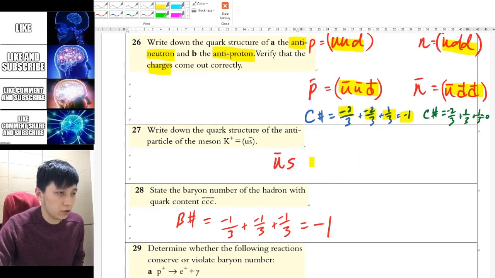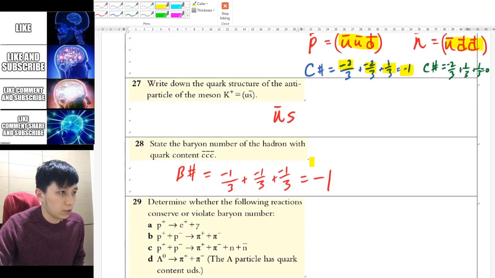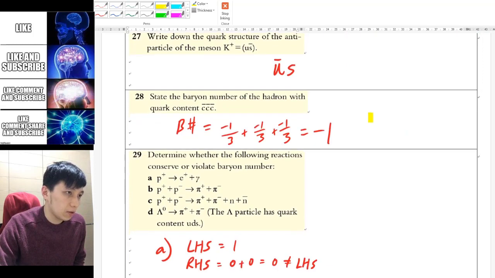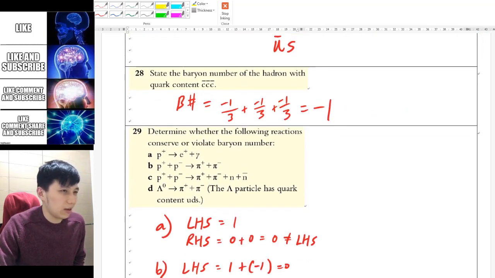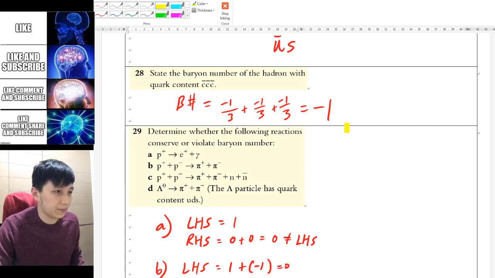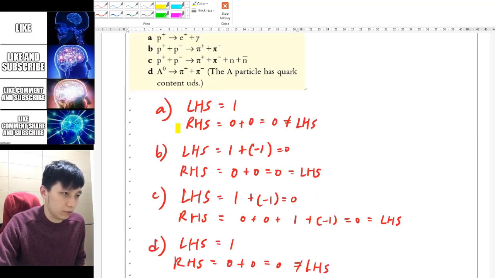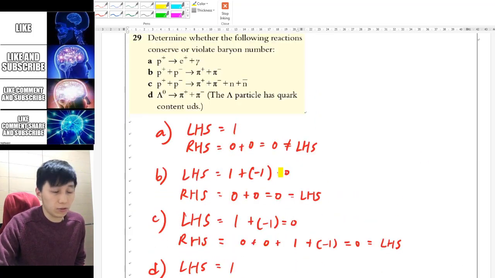Question 27, again, you just have to put a bar onto it. It asks you to find the antiparticle of it, so anti-U and regular S. The baryon number of these, I don't think you even need to check, because you know this is an anti-baryon, so it's simply -1.